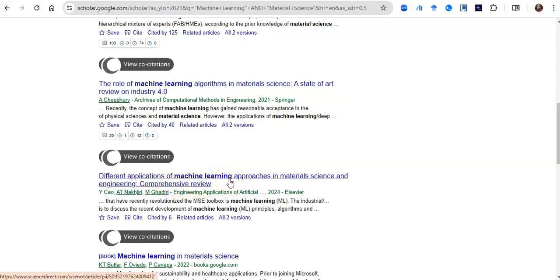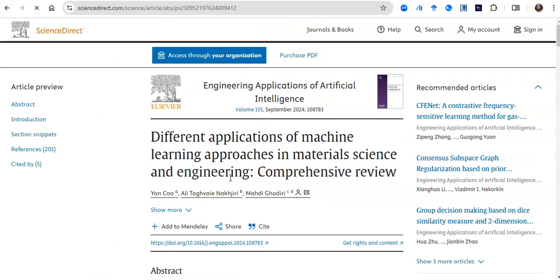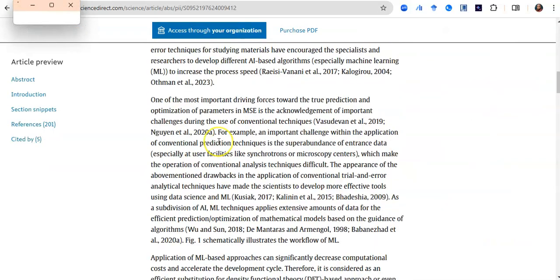Now, in searching for your research interest, it is always advisable to look at review papers, because review papers would more often than not look at a wide range of trends in that particular field.